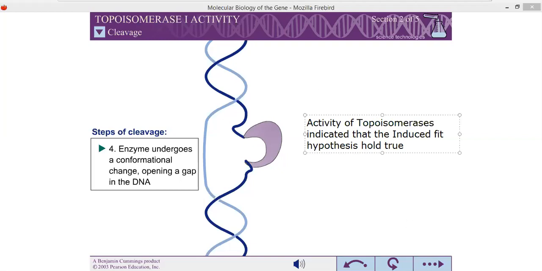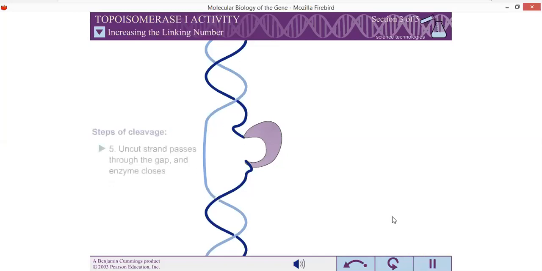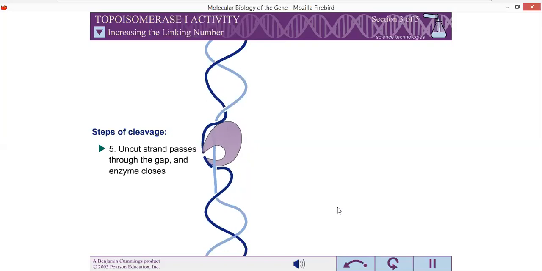Moving forward, just clearing all the drawings. This conformational change opens up a gap in the cleaved strand, with the enzyme bridging the gap. How? The uncut strand then passes through the gap, binding to a pocket in the middle of the enzyme. Binding this strand causes the topoisomerase to change conformation again, closing the gap in the nicked strand.